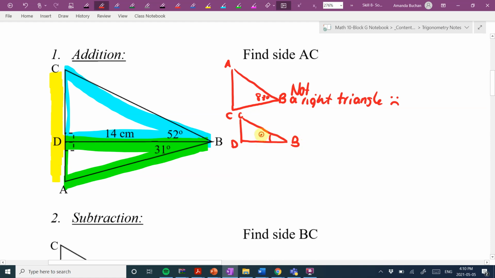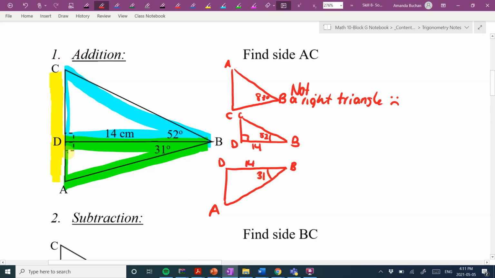Each of those triangles, so I have CDB, which is 52 degrees, and it is a right triangle. And I also have triangle ADB, still 14, right? This side length doesn't change. I'm just splitting it up so I can see the two triangles. 31 degrees.